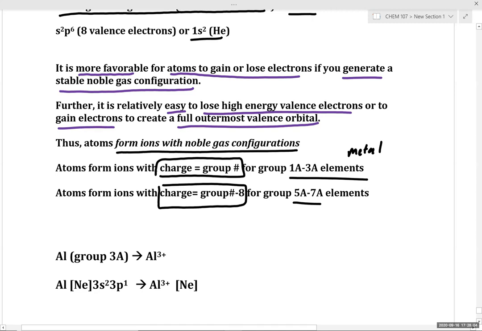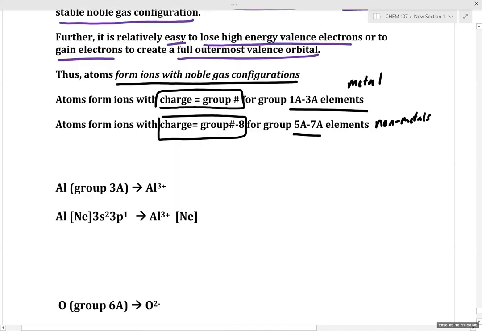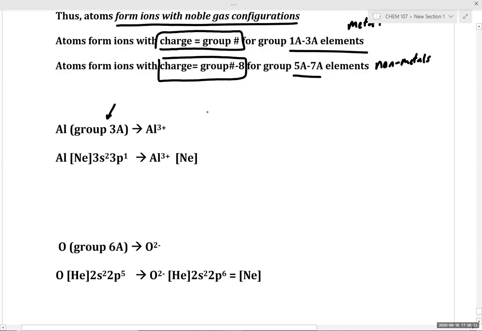So if we look at aluminum, for example, aluminum is a group 3A element, and it's also a metal. So then its charge is equal to the group number, which is +3. To help you visualize why this is occurring, aluminum has a configuration of neon 3s2, 3p1. So how many electrons do we need to lose to get to neon?